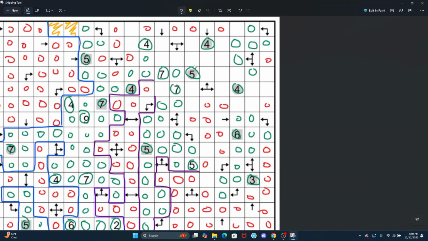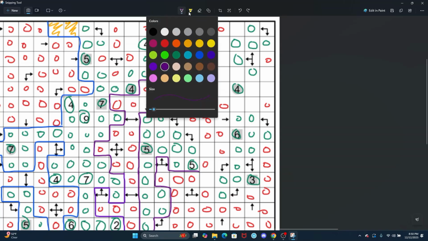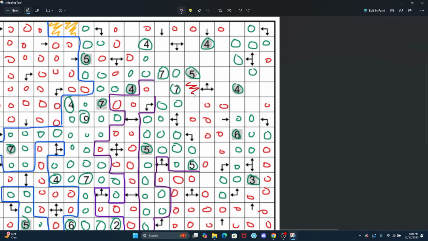Okay, I guess I want to look at this sort of group of numbers here. Let's try stuff. If this is all red, no, I want the other way. If this is all green, then the 5 is satisfied, right?